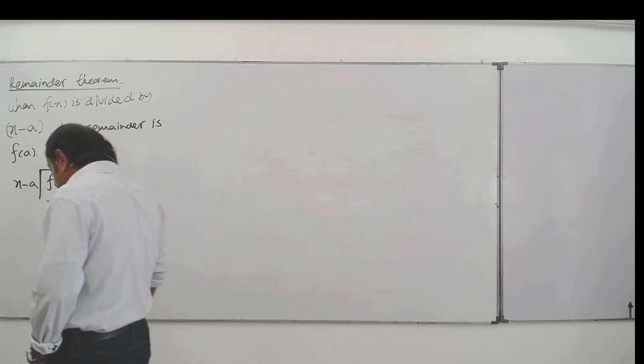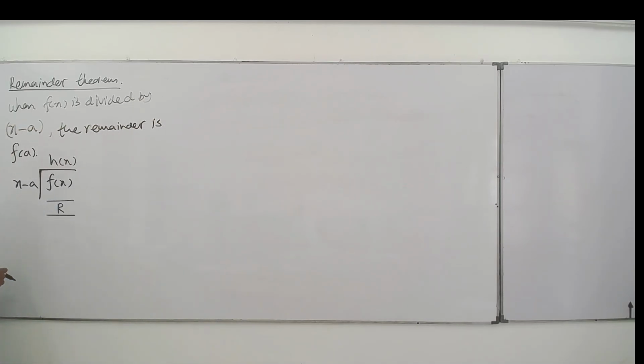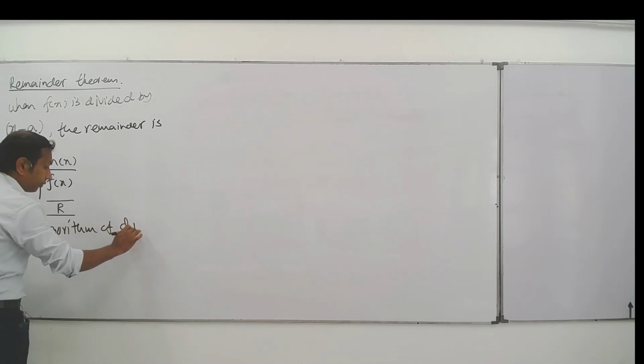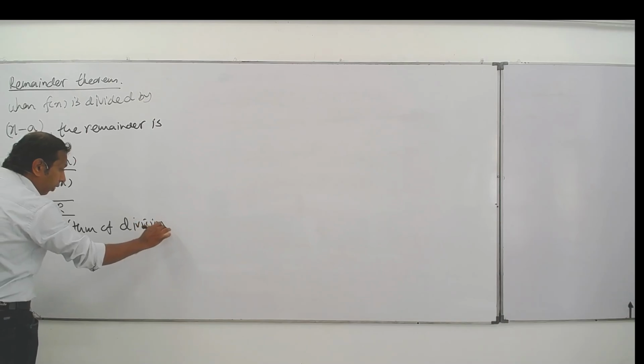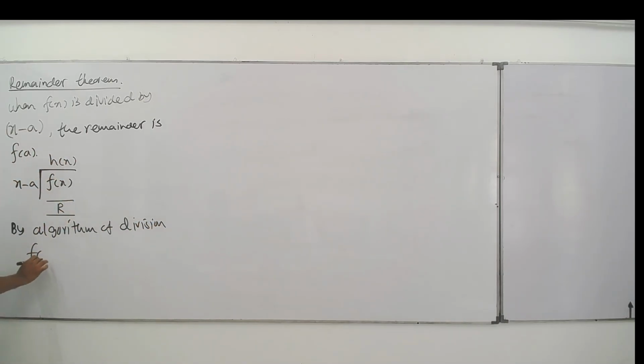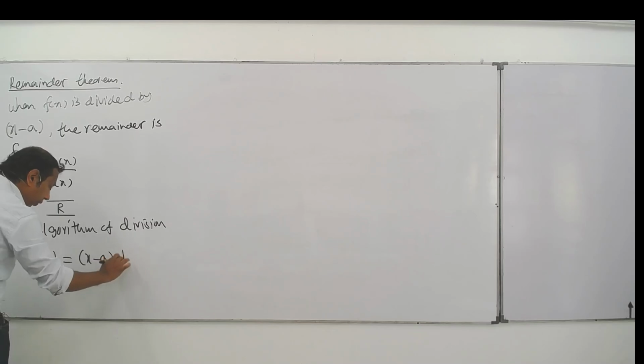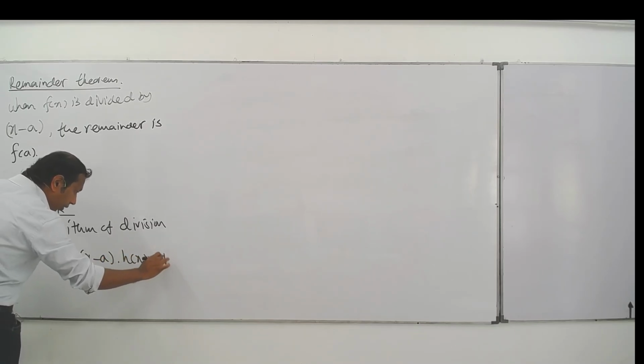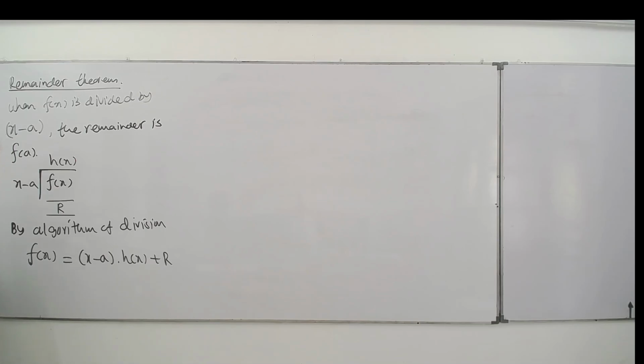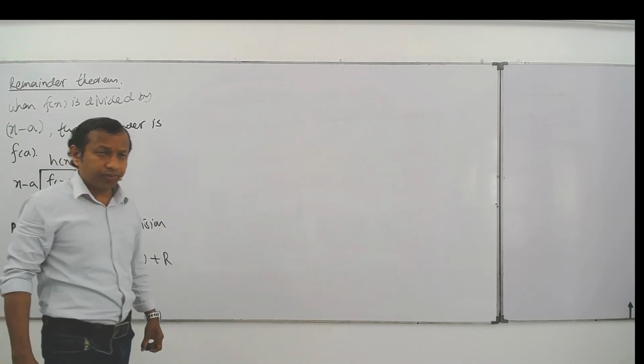Then, by the division algorithm, we can write f(x) equals (x minus a) into h(x) plus r. This r is a real number, a constant. It doesn't contain x.